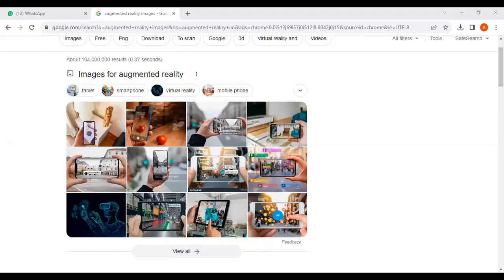Here you can see different examples of augmented reality so that you can enhance your object using such kind of thing. Shumail, is this clear? Yes, sir. Have you seen such kind of technology? Yes, sir. Where?